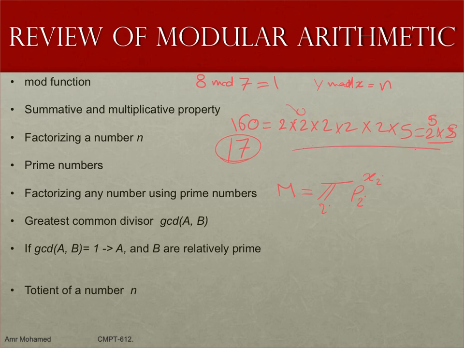That's what we've done here. Any number on Earth can be factorized using a set of prime numbers with certain arbitrary exponents. So that's a very simple theorem. Okay? Again, bear with me, and we're getting there.